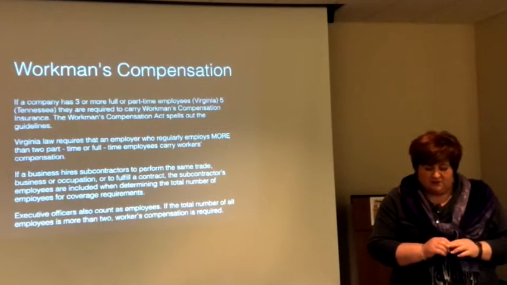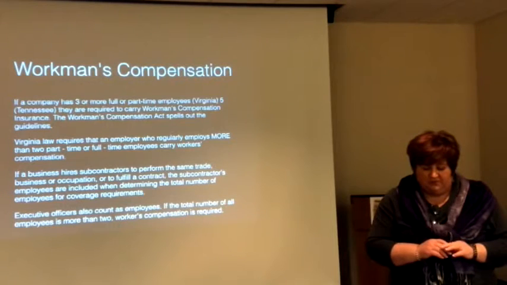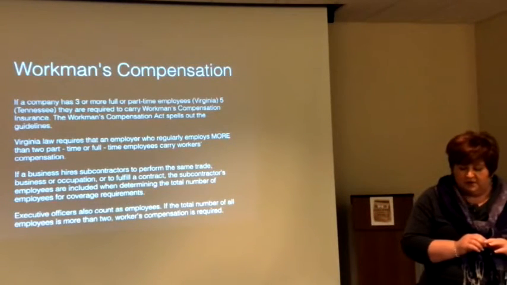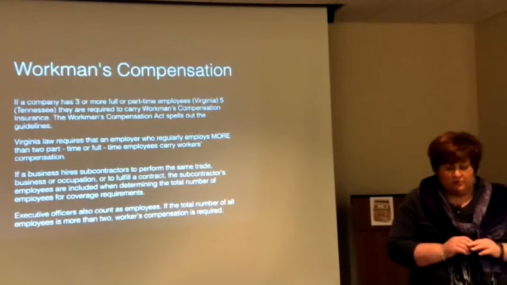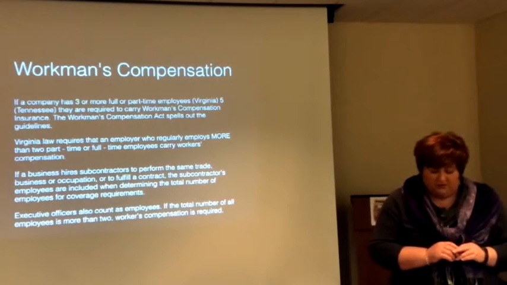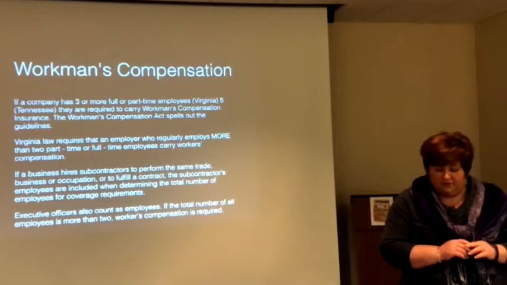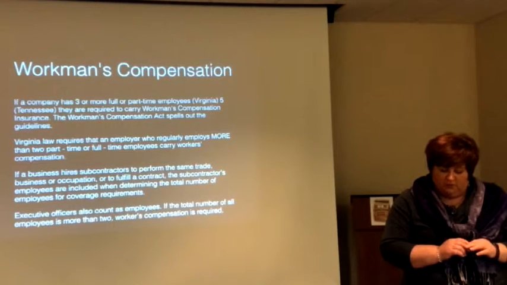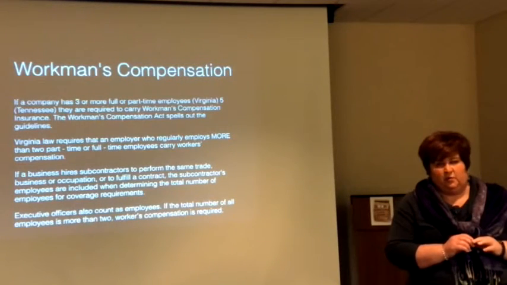If a business hires subcontractors to perform the same trade, business, or occupation, or to fulfill a contract, the subcontractor's employees are included when determining the total number of employees for coverage requirements. Executive officers also count as employees. If the total number of all employees is more than 2, workers' compensation is required.